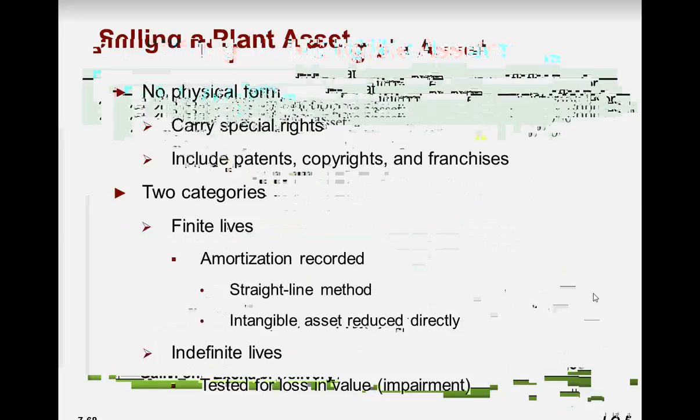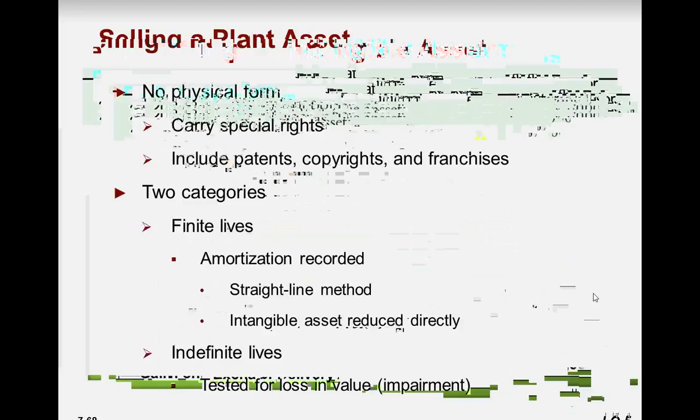They have finite lives, and if they have a finite life, then you use the straight line method to record that amortization. It is called amortization expense, not depreciation. Same principle, only you use straight line. And then the intangible asset is reduced directly. There is no accumulated amortization account. So we would do amortization expense and credit our patent to reduce the value of a patent.